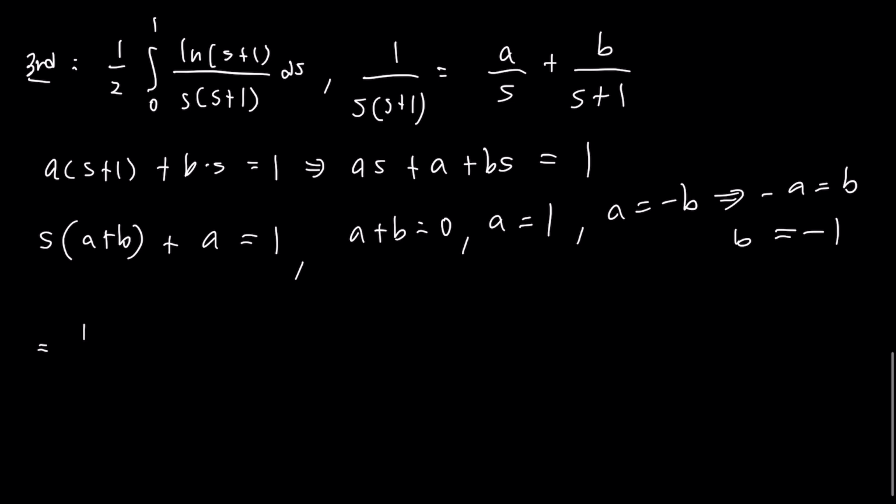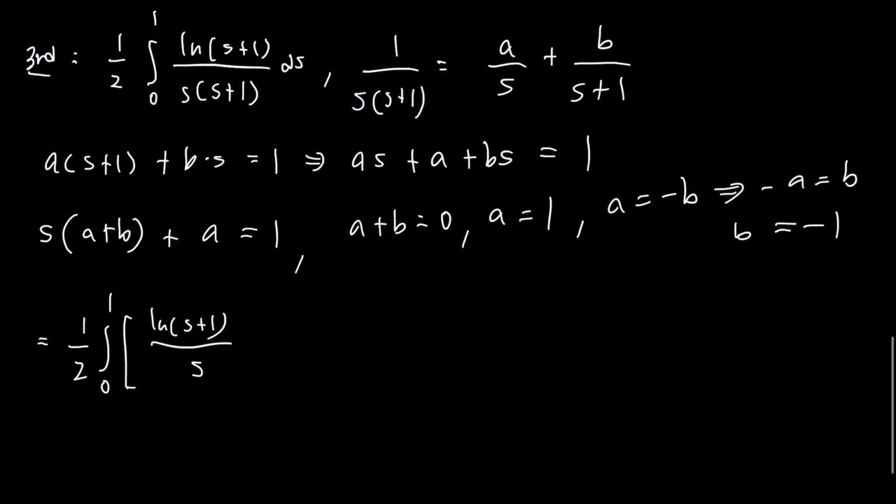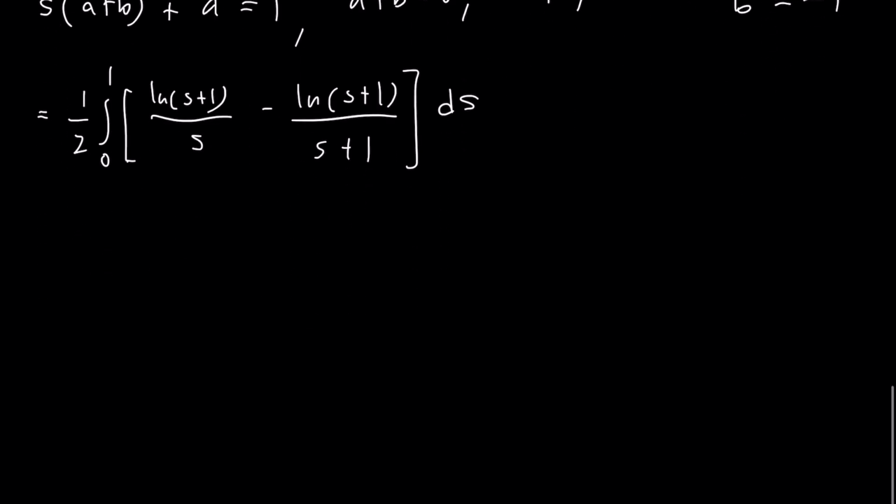So this means that we have 1/2 the integral from 0 to 1 of the natural log of s plus 1 divided by s, then minus the natural log of s plus 1 divided by s plus 1 ds. Now we could distribute.